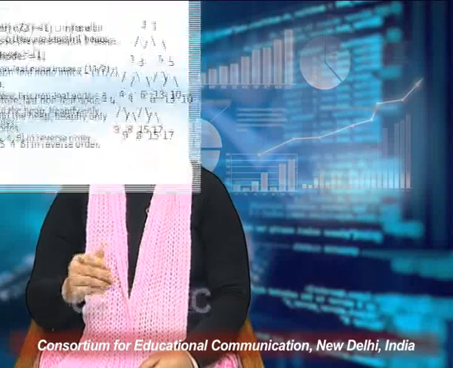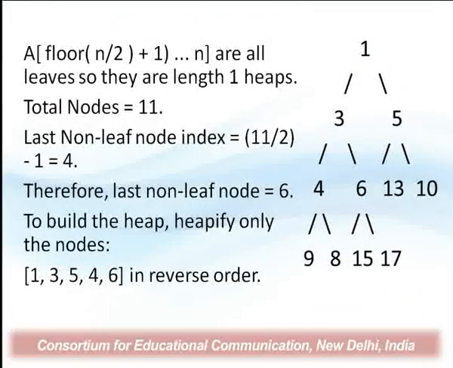So basically, considering this complete binary tree shown in the figure, 1, 3, 5, 4, 6, 13, 10 and so on, I need to heapify the tree in reverse order.